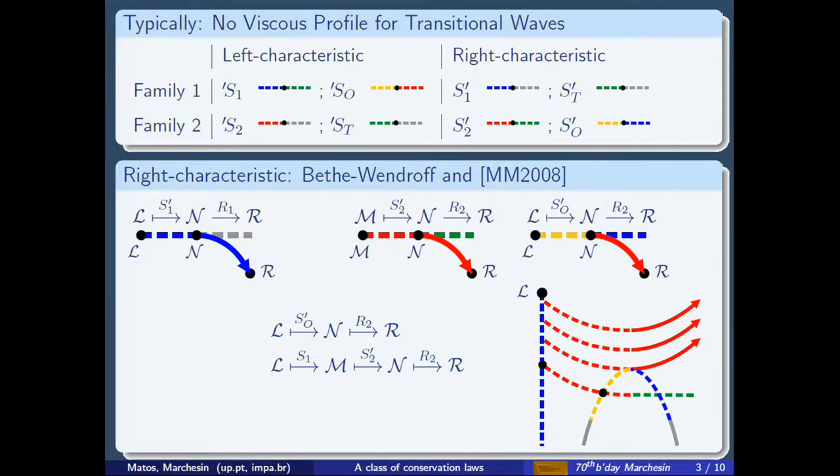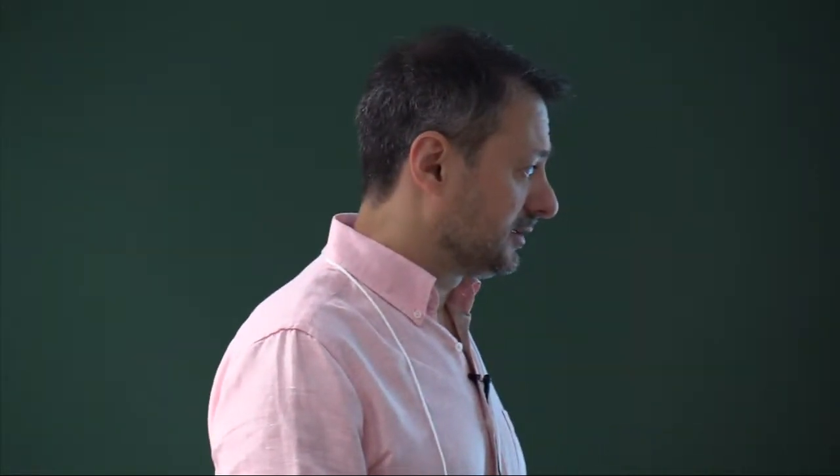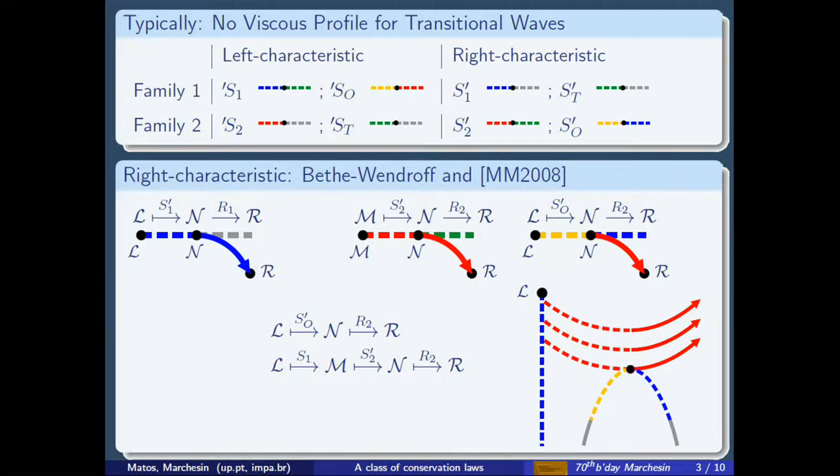If you choose another M below this initial M, this 2-shock stops being compatible. So this part, even having a viscous profile, is not compatible with this first shock. So the only part that appears in the solution is this one.